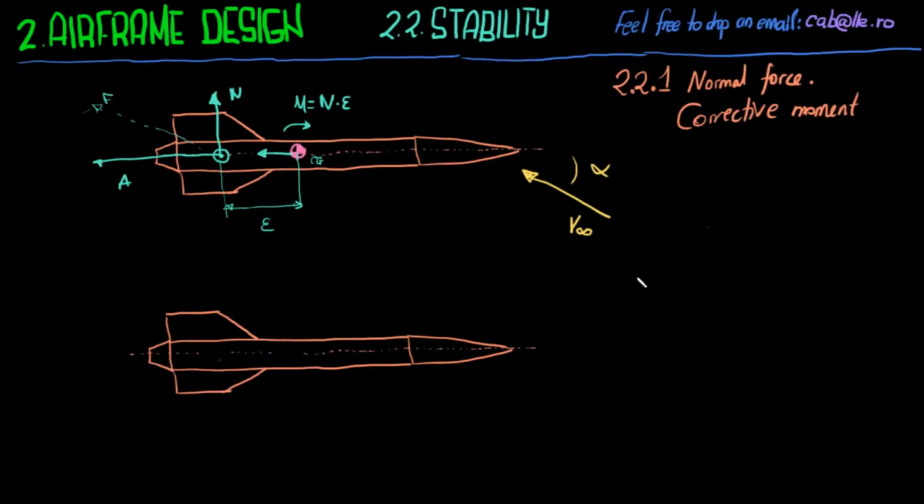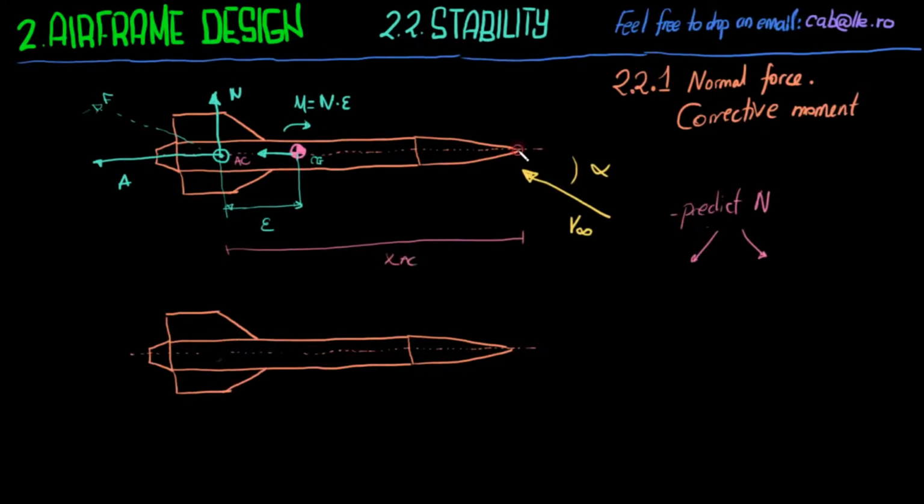So we want to predict N, and also the position of the aerodynamic center, because the aerodynamic center is the position in which N acts. All right, so the position of the aerodynamic center is x AC.